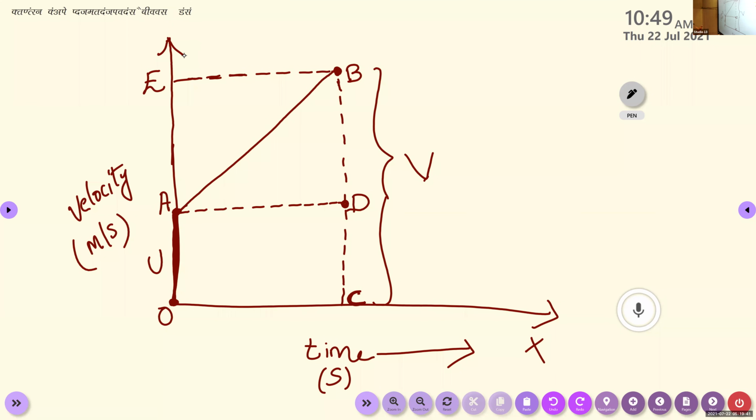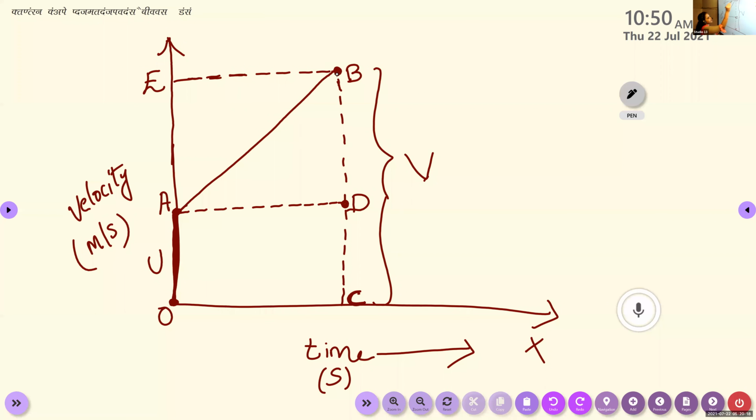So from O to A, the velocity possessed by the object is U, that is the initial velocity. Whenever it reaches the point A, the velocity of the object increases uniformly, or we can say it undergoes a uniform acceleration, and it reaches the point B. Then we draw a line perpendicular to the time axis and mark it as BC. The portion BC represents the final velocity V of the particle.